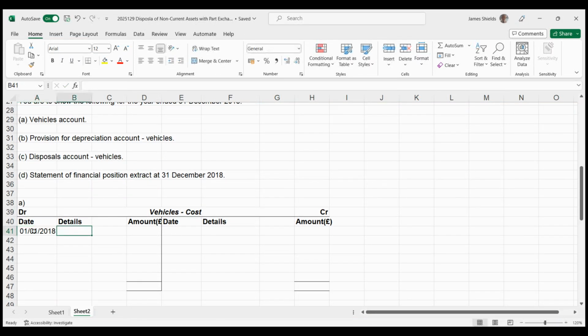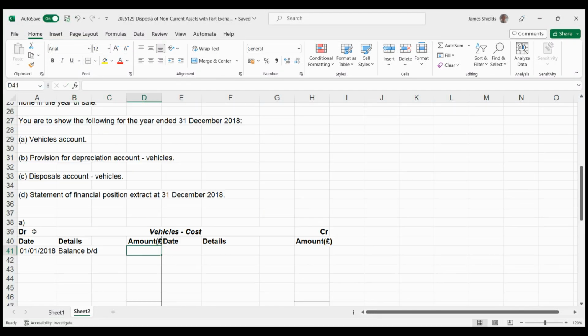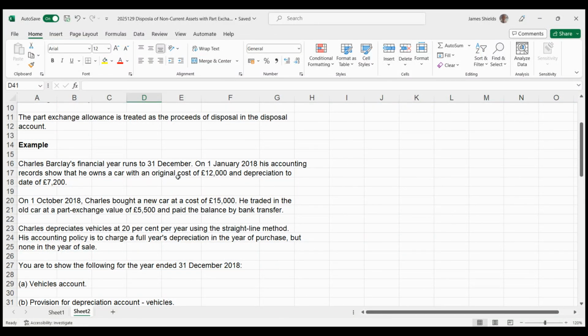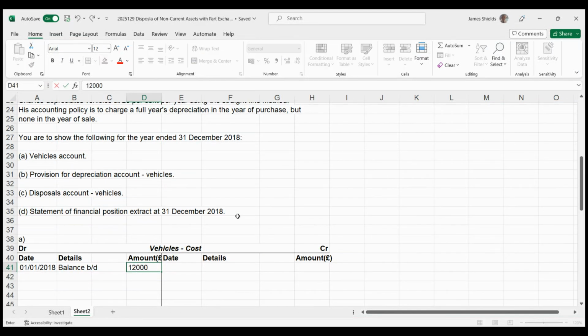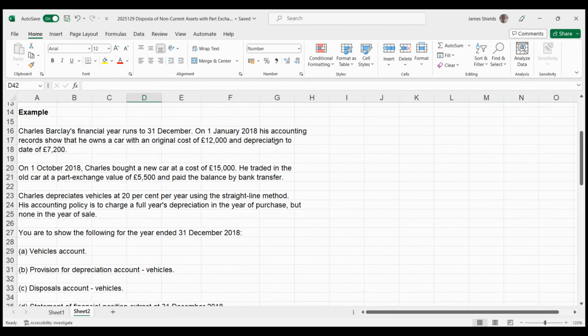So the 1st of January 18, balance brought down. And to check the amount, just go back to the question. It was a cost of £12,000. And depreciation to date of £7,200.